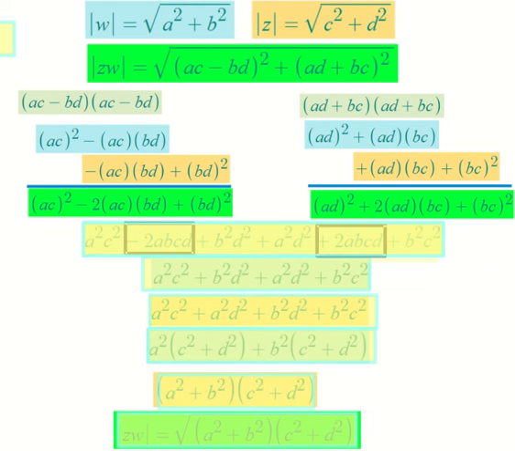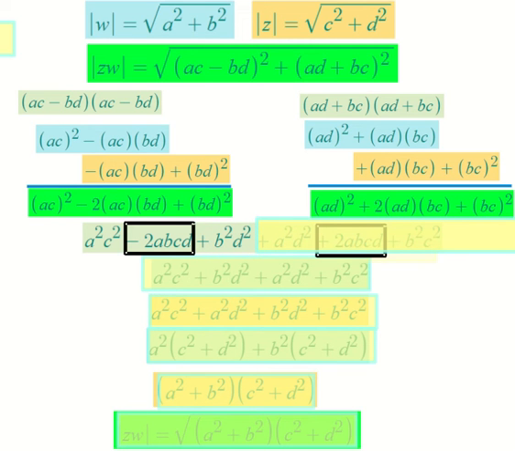Now we're going to take all this and clean it up. So what I want to do is just distribute my square. So ac squared is really a squared times c squared. When I distribute the negative 2, I'm just going to put all these in alphabetical order: a, b, c, d. And finally, b squared, d squared.